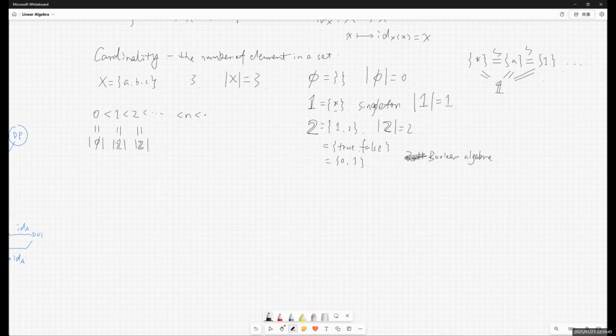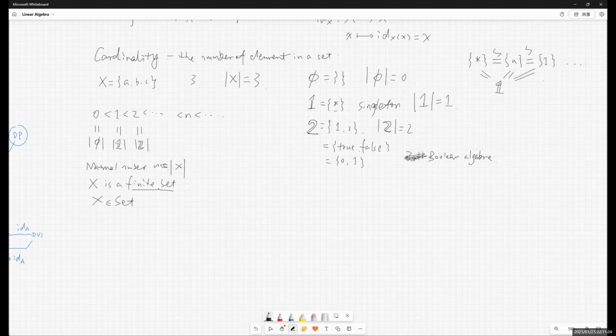N. If we have a natural number n equal to the cardinality of a set, the set X is a finite set. So as we have discussed previously, a set is an object of the category of sets. So for finite sets, we also have a category, the category of finite sets.